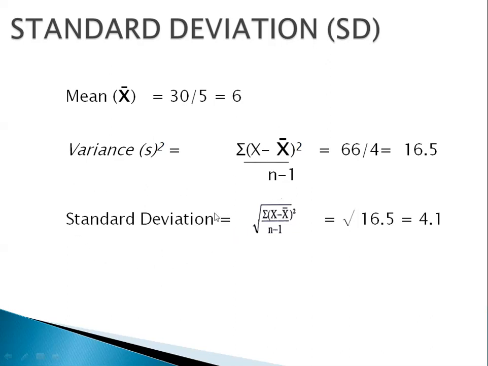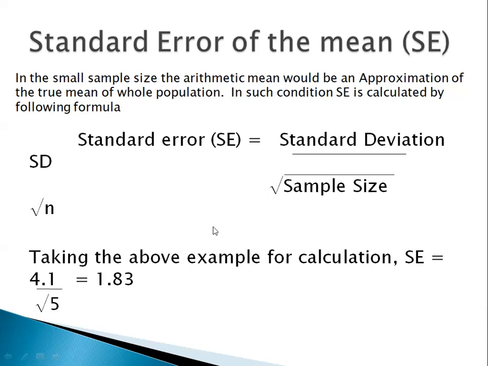Similarly, for calculation of standard deviation, standard deviation is equal to the square root of the summation of (x minus x bar) square divided by n minus 1. We got the value of this, that is 16.5, with n minus 1 equal to 4. So directly take the square root of 16.5, and your answer is 4.1, and that is your standard deviation. Now how to calculate the standard error of the mean?